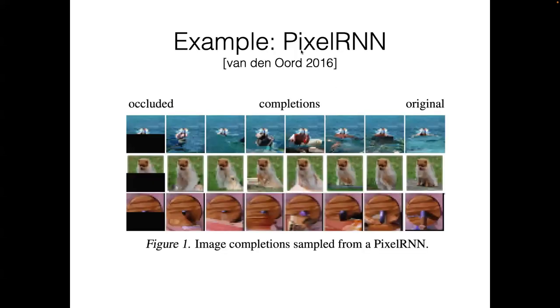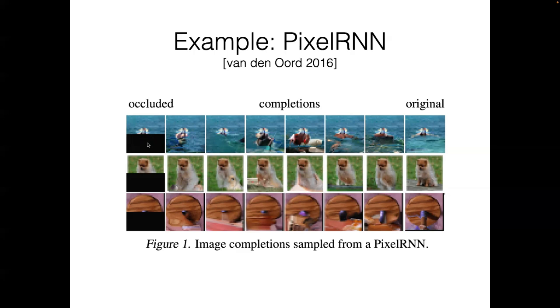This was actually done back in 2016 with RNNs. Here's a model called PixelRNN. You can see that they give the model, this is their learned model, 50% of an image, and it's able to somewhat fill in the details. You can see they're operating on really small images.